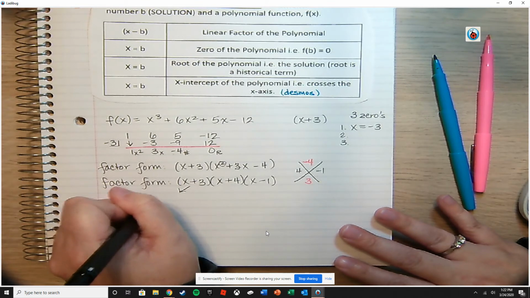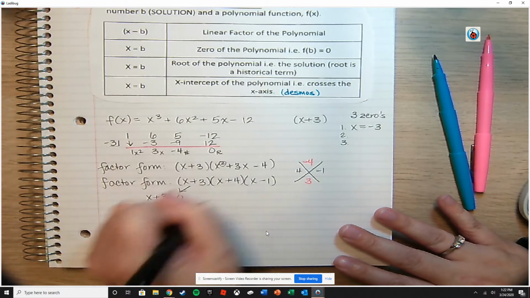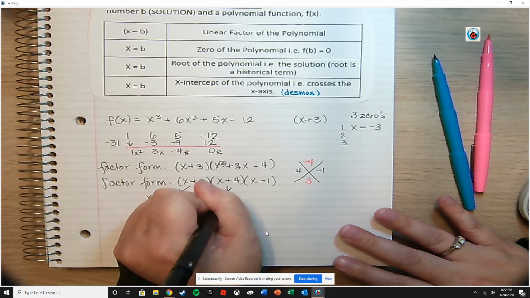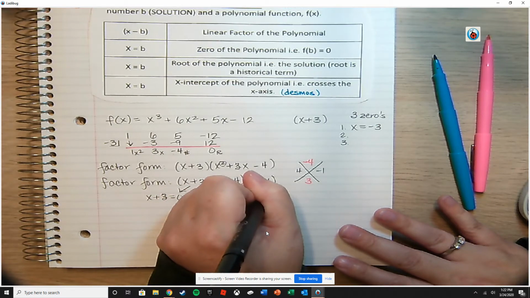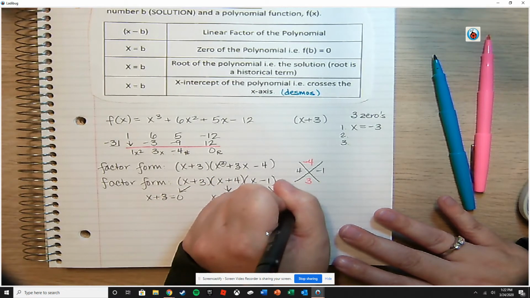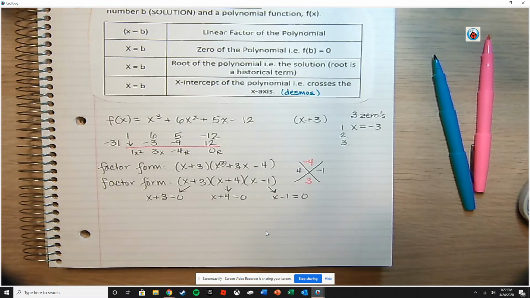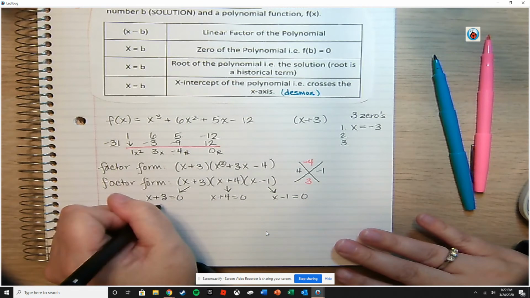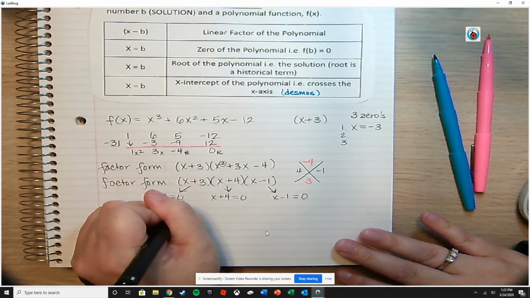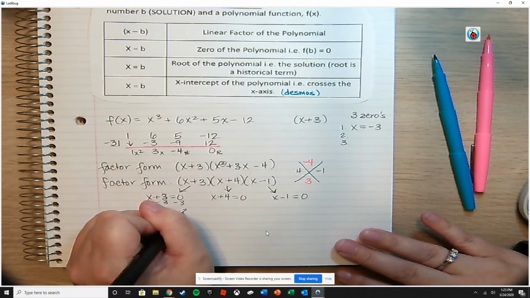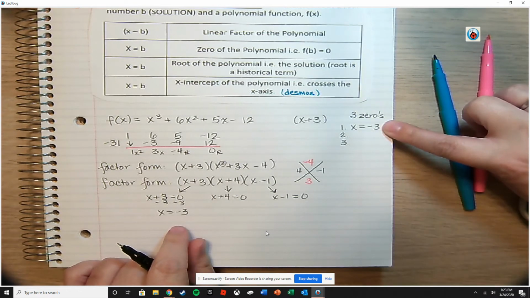If I take x plus 3 equals 0, x plus 4 equals 0, x minus 1 equals 0. And remember, I'm trying to find the zeros of the polynomial. That's why I set it equal to 0. If I subtract 3, I get x equals negative 3. There's my first answer.